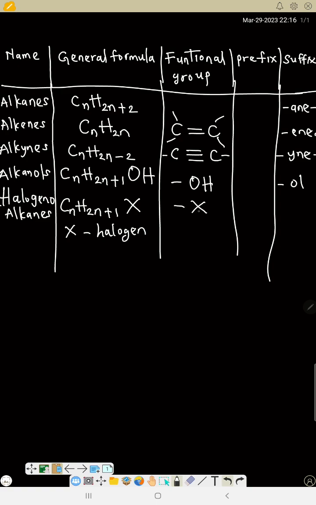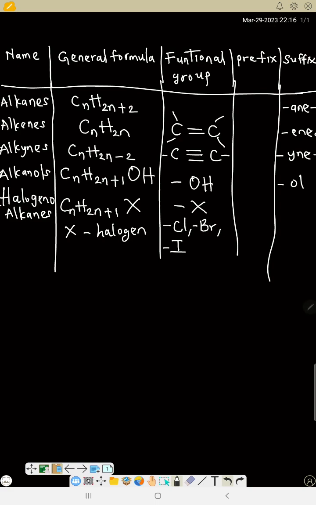So the functional group is X. That X can be chlorine, bromine, or iodine. All these are group 7, in which their valency is 1. And remember, we use valency to write the structure. That is, the number of bonds formed is the valency of each element. By the time I start examples, you will grasp it better.